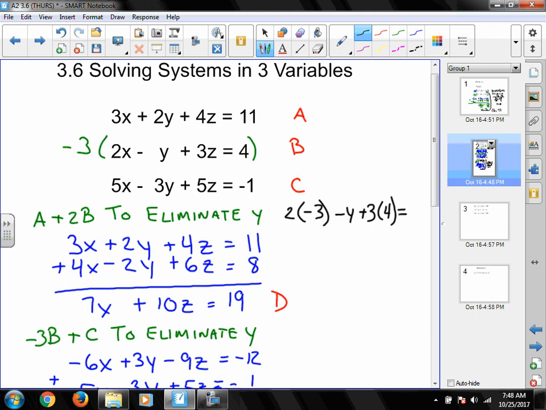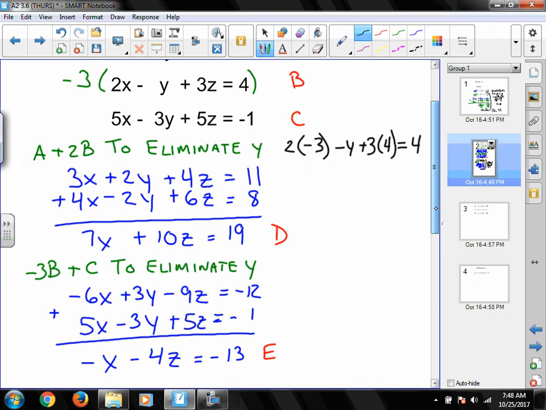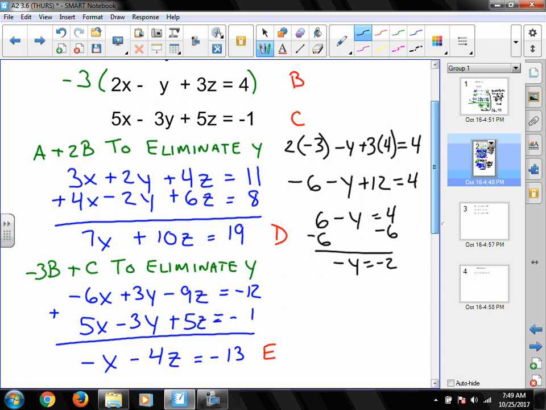And that has to equal 4. Simplify this a little bit. Negative 6 minus y plus 12 has to equal 4, or negative 6 plus 12 is going to give me positive 6 minus y equals 4. Subtract my 6. I get negative y equals negative 2. So that means y is going to be positive 2.